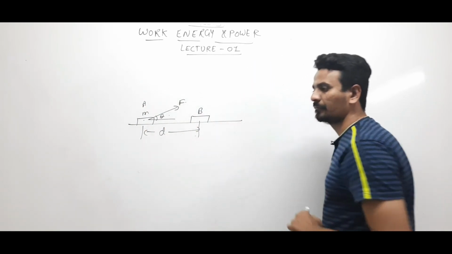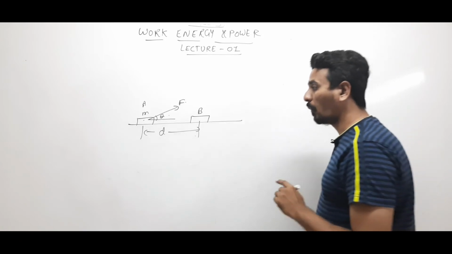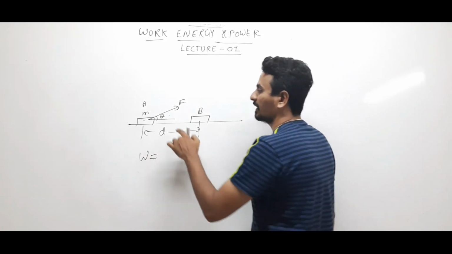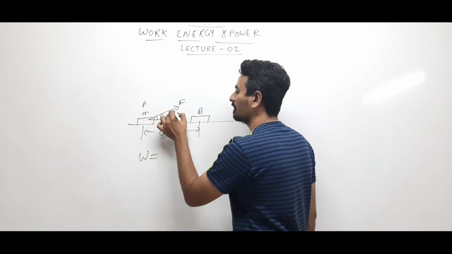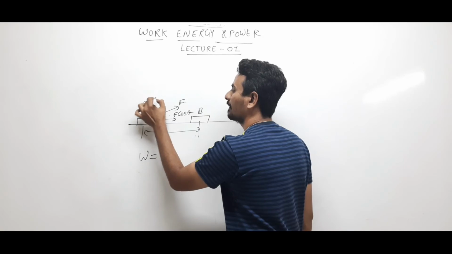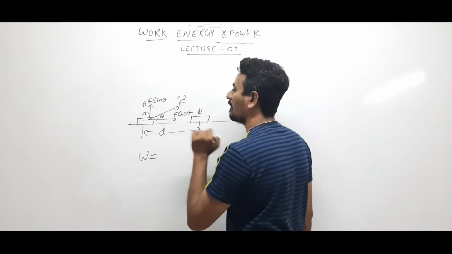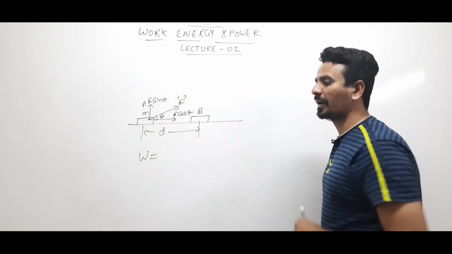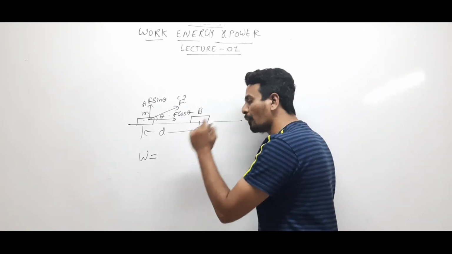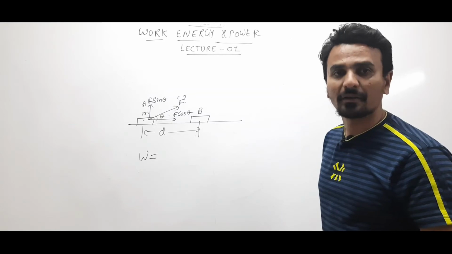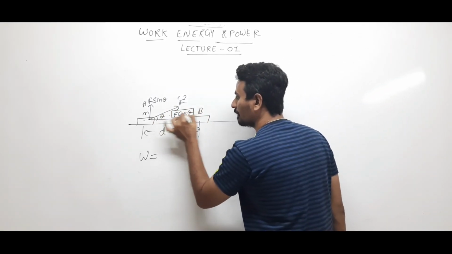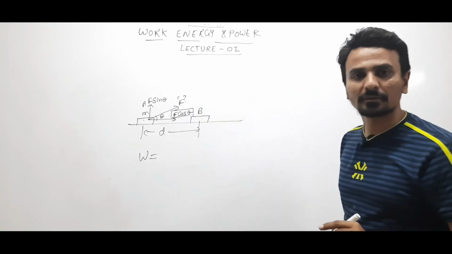In this case, see, this is F, this is theta, this will be the component of F, F cos theta, and this will be the component of F, F sin theta. So here F is not doing the work to move the block in the horizontal direction, it is a component of the force which moves the block in the horizontal direction, right? So the effective force will be F cos theta.